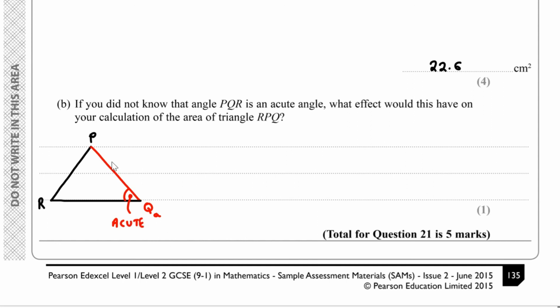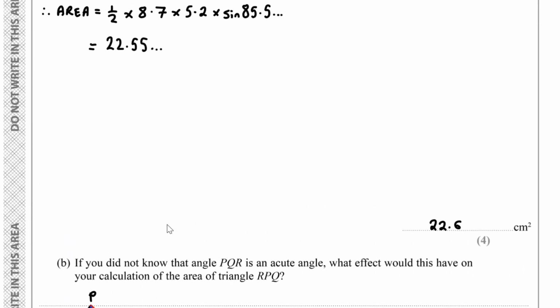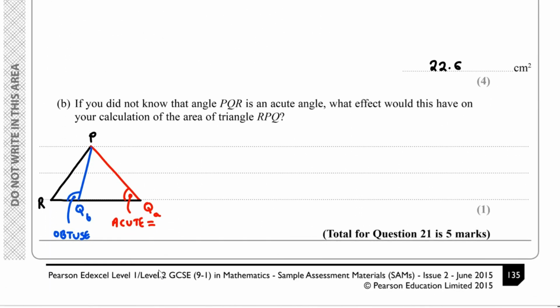Now what we're saying is we could have, of course, an obtuse angle here, so therefore Q would go here for part B, and therefore this angle here would be obtuse. And we're saying if this angle is obtuse, what would the effect be on the area of the triangle? Well, we know here that the acute angle we've just worked out to be 62.4, etc. So here we have 62.4, etc.